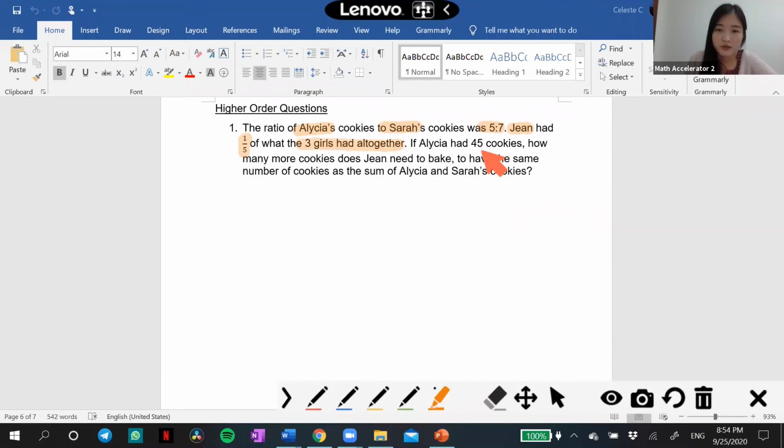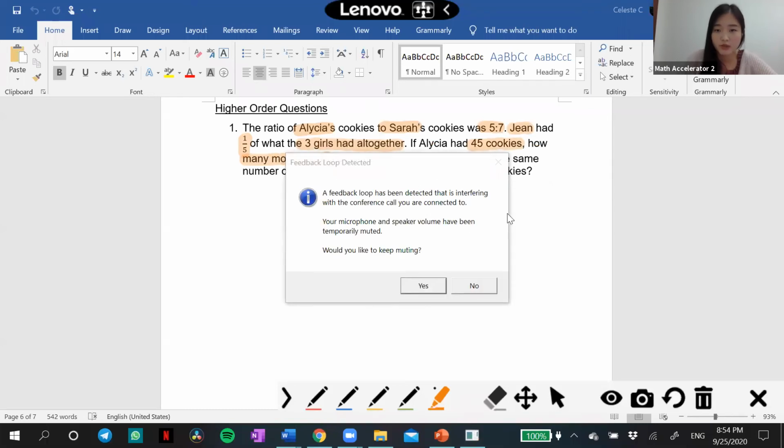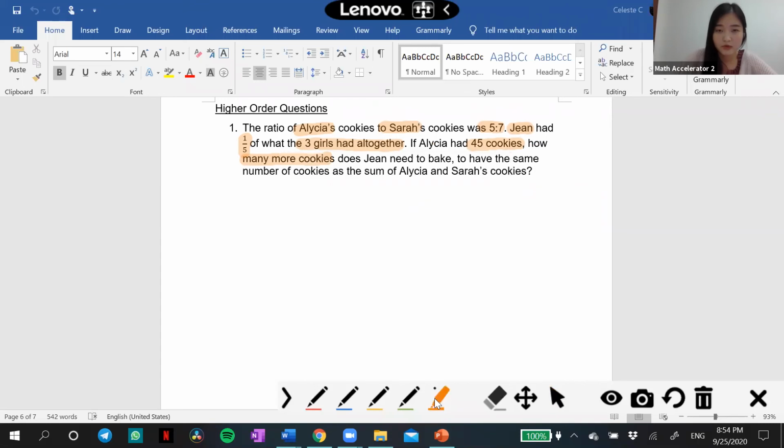If Alicia had 45 cookies, how many more cookies need to bake to have the same number of cookies as the sum of Alicia and Sarah's cookies?